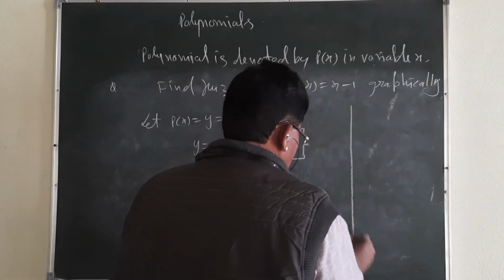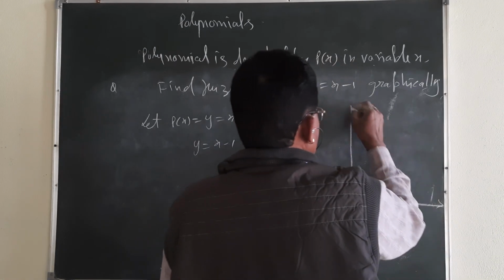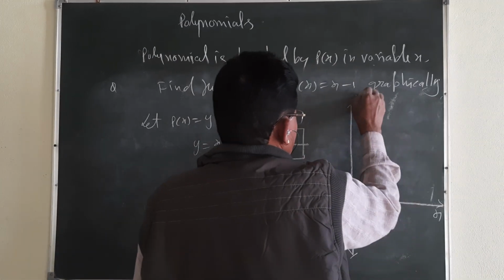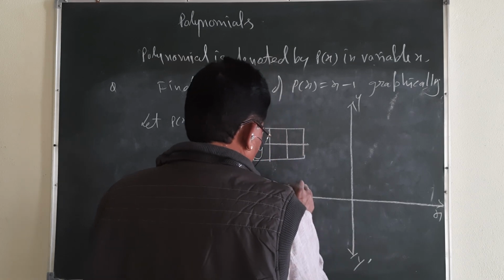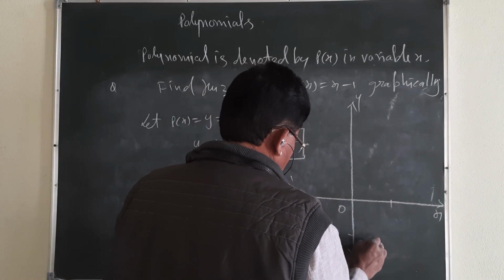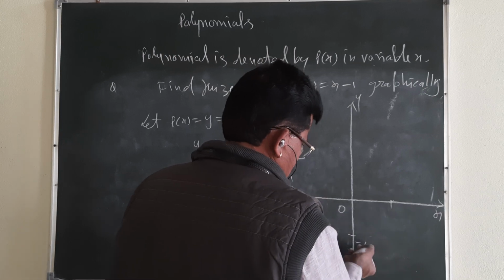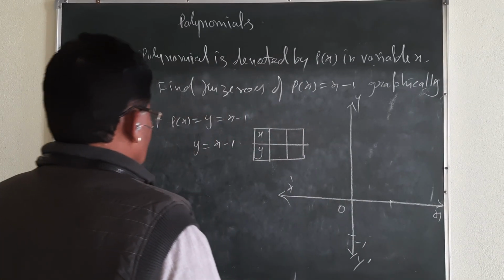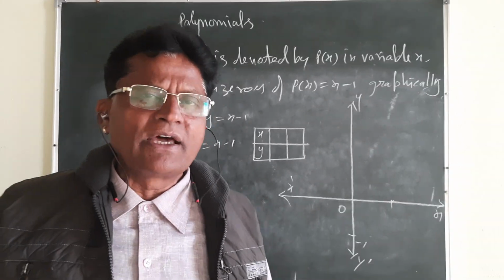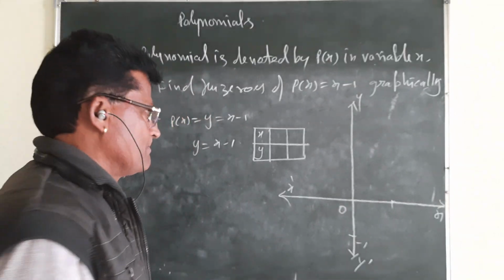Let me see the graph of it. See carefully the graph, because I am going to tell you a very important thing to relate it with the zeros of the polynomial. This will be the origin. It will be 1 and minus 1, 1 on the x-axis, minus 1 on the y-axis. Similar kind of method I have discussed in the pair of linear equations chapter.